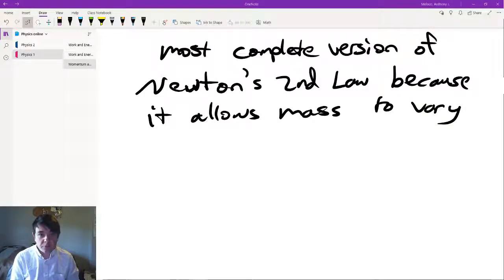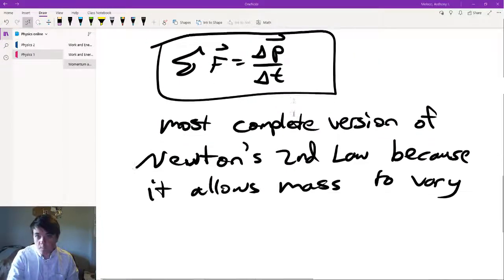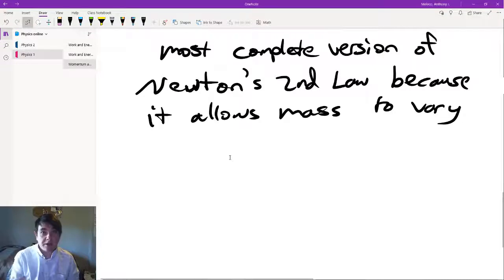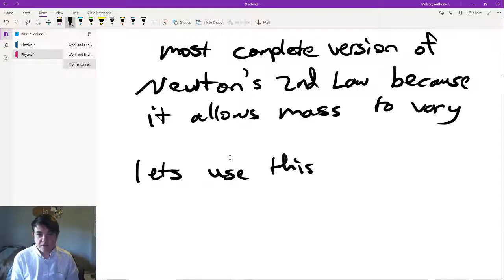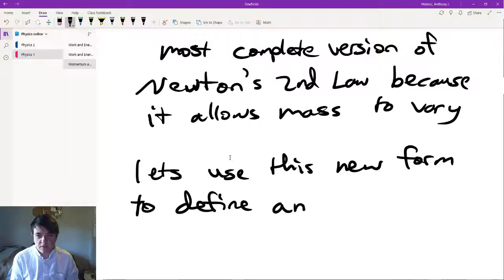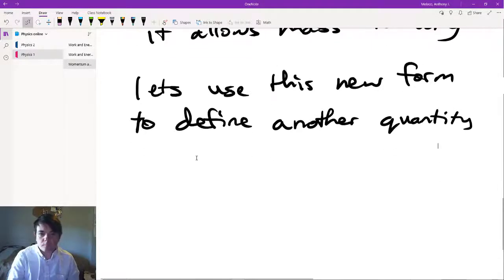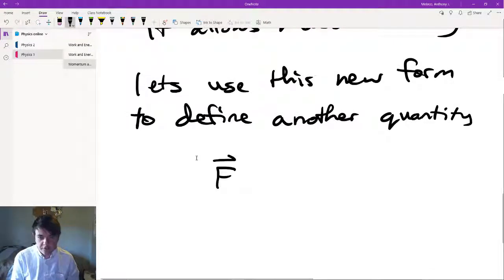So now I'm going to use Newton's second law, written in a different way, to talk about another property. Let's use this new form to define another new quantity. So we've got force over here, and the change of momentum over time.